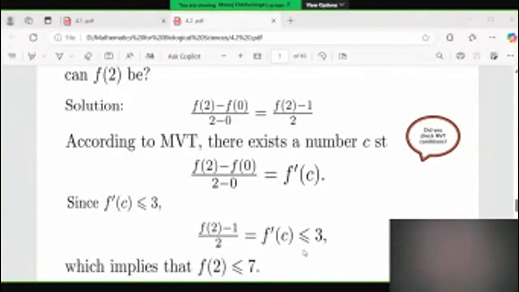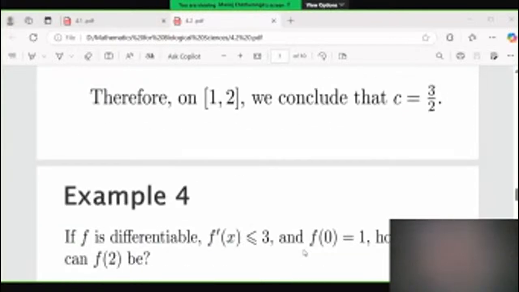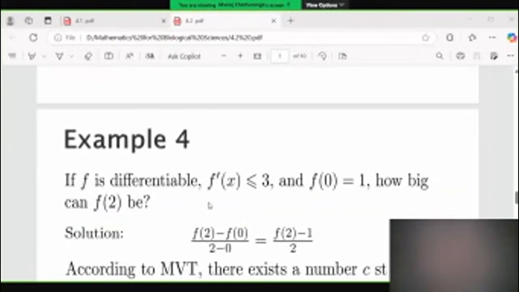See, f of 2 is less than or equal to 7. The maximum value that it can take is 7. If we were given a minimum bound, or a lower bound, for the derivative, we could find a lower bound for the function value at 2.